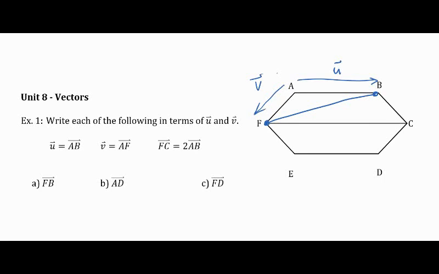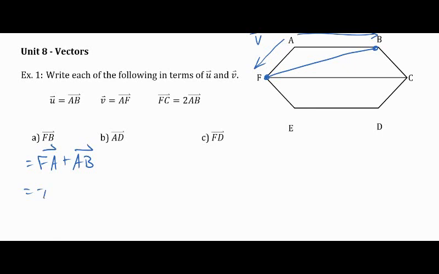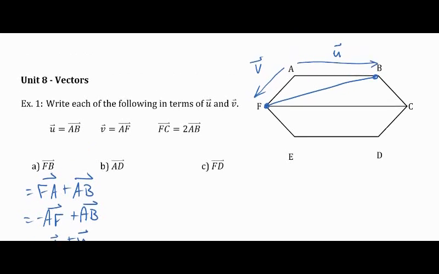So I'm going to break this up into FA plus AB. And FA is the negative of AF. You don't have to show this step. And AF is v, so that's negative v plus u. Okay, that's FB. A to D.